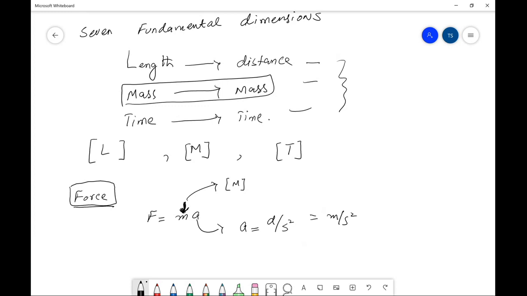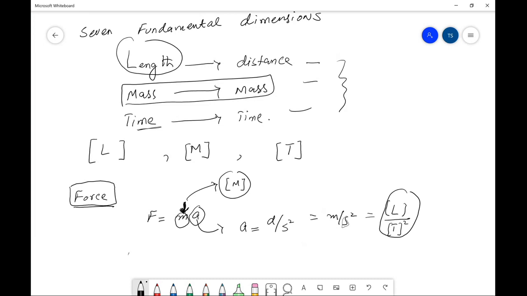So that's meters, which is a length, and length exists here, and that's second, which is time, and time exists there. So that would be length divided by t squared. Now we know that we will replace this one by that, and we'll replace this m by that. So let's have a look.